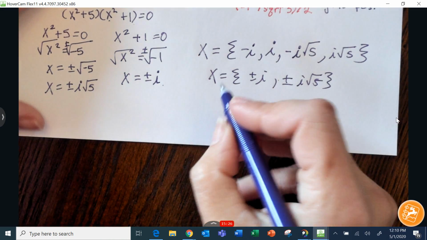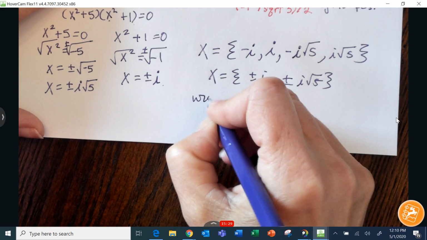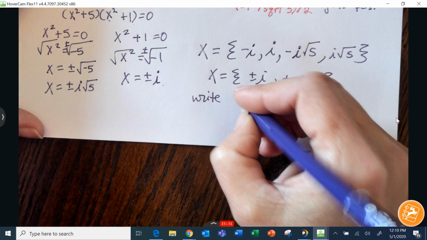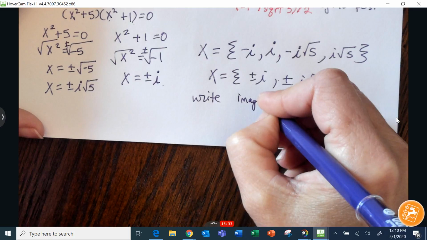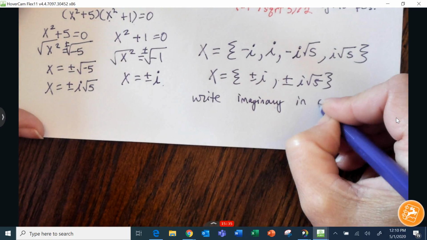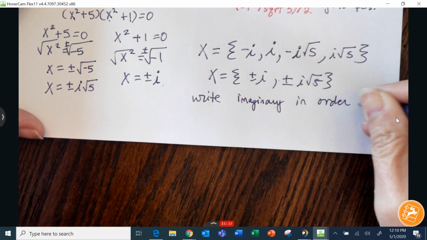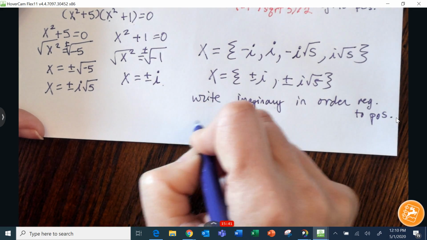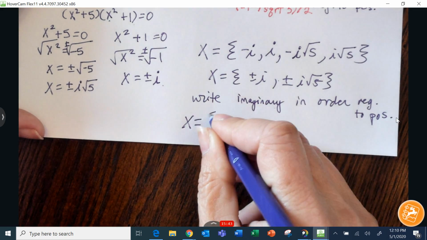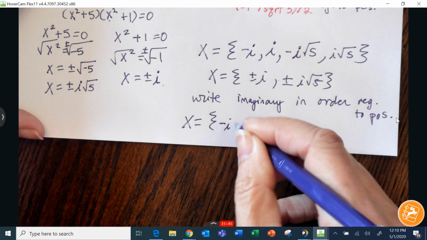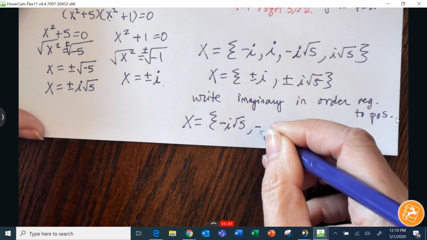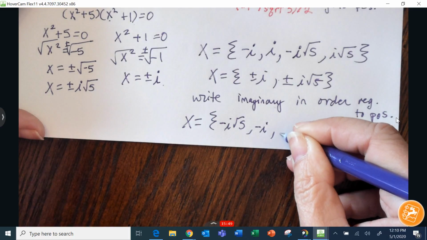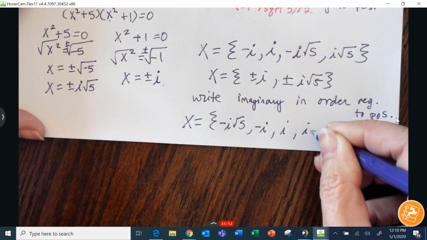So why don't we do the imaginary answers in order, negative to positive, just like I said above. So on the Canvas, you would put negative i radical 5, then you'd put negative i, then you'd put positive i, and then you'd put i radical 5.